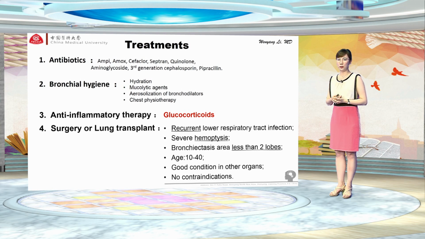Especially in some situations, surgery or lung transplant could be considered, such as recurrent lower respiratory tract infection and severe hemoptysis, as well as a bronchiectasis area of less than 2 lobes, and age from 10 to 14 years old, as well as good condition in other organs, for sure with no contraindications. In these situations, we should consider surgery or lung transplant for the patient.